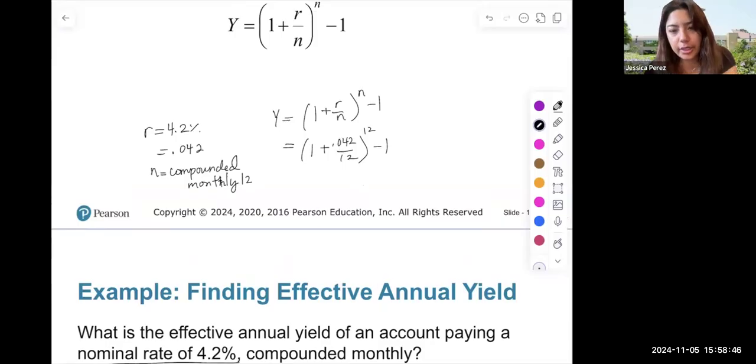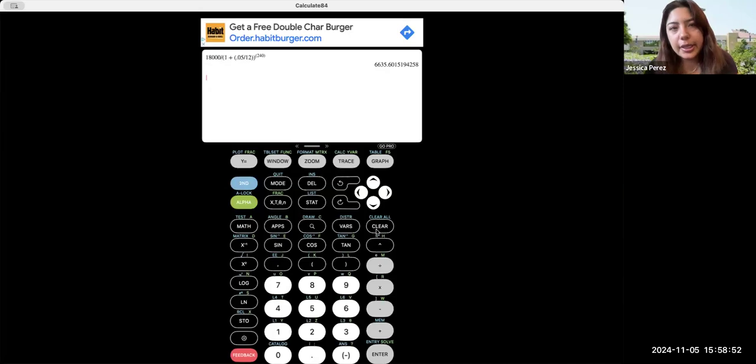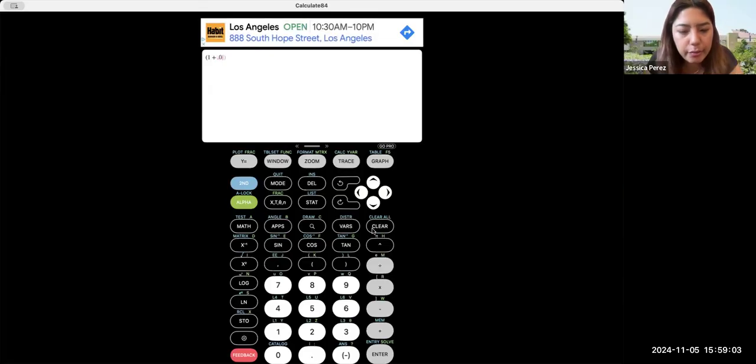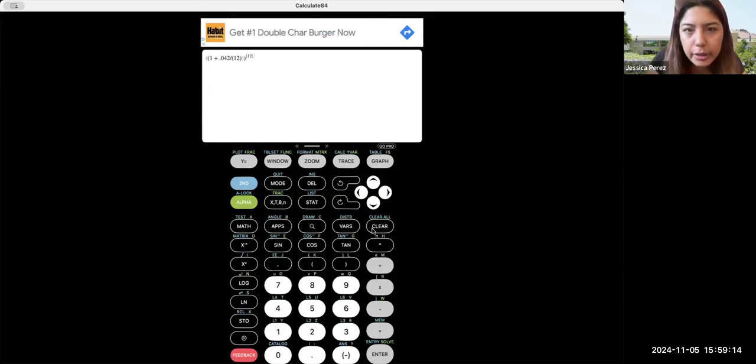So let's punch this on the calculator. Let me go ahead and share my screen here. I'm going to clear everything out. Then I'll have parentheses 1 plus 0.042 divided by 12, close parentheses, all raised to the 12, close parentheses, minus 1.